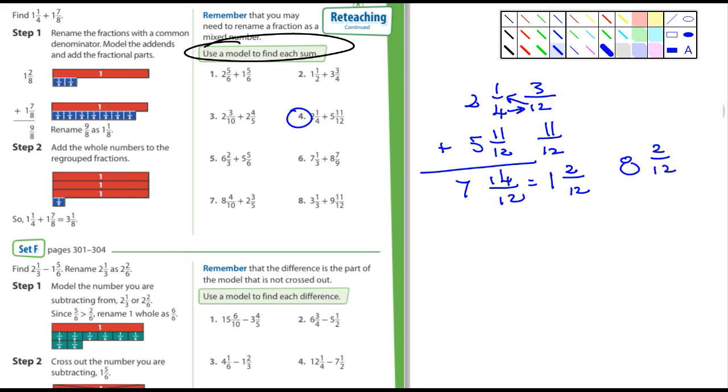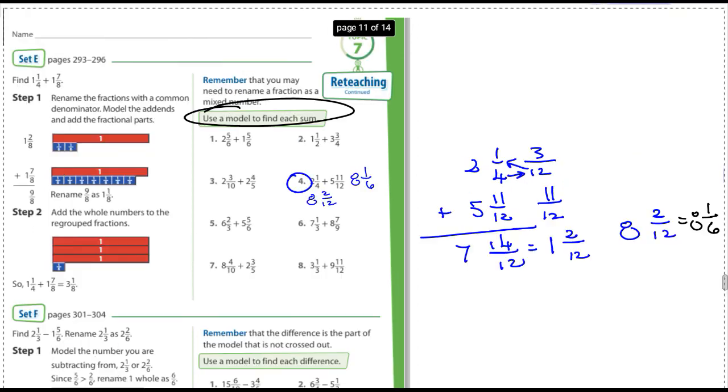Now for those of you that recognize it, 2 12ths can be reduced. And 2 goes into 2 once, and 2 goes into 12 6 times. So the answer to number 4 would be 8 and 1/6 if you reduce it. If somebody had given an answer of 8 and 2 12ths, I would have accepted that also.